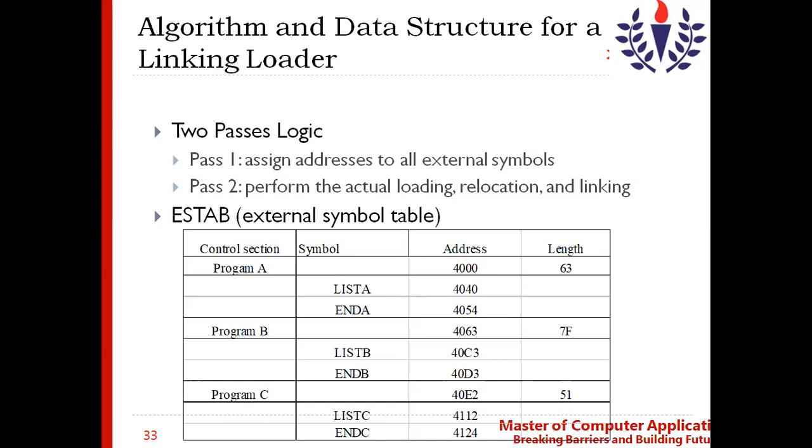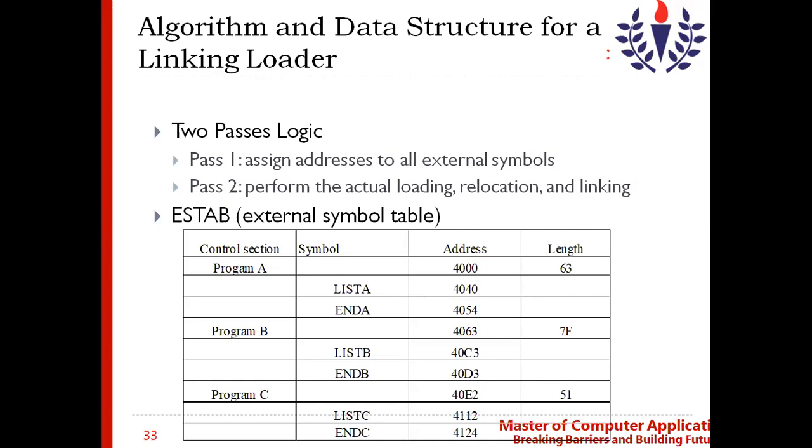So in pass 1, we assign addresses to all the symbols. This ESTAB is the data structure which the linking loader creates in pass 1, and the same will be used in pass 2.